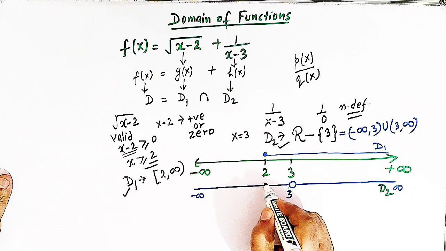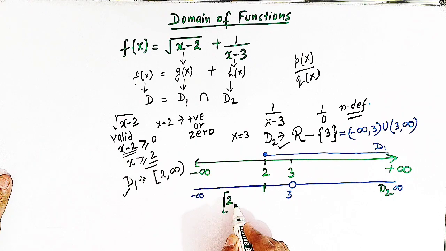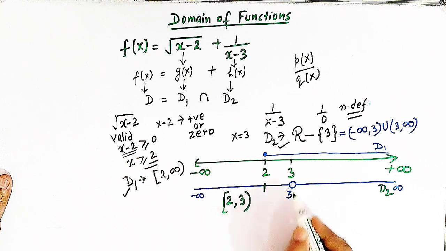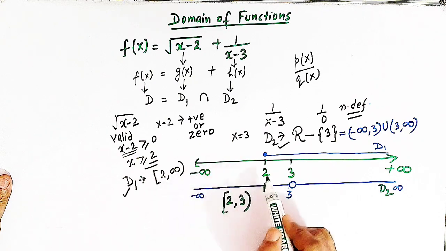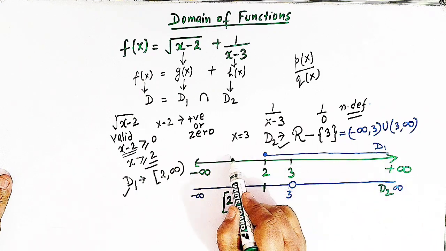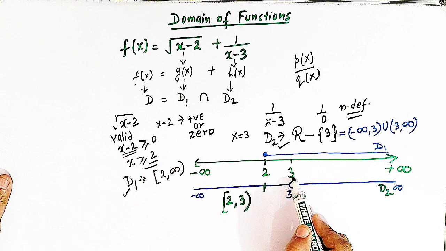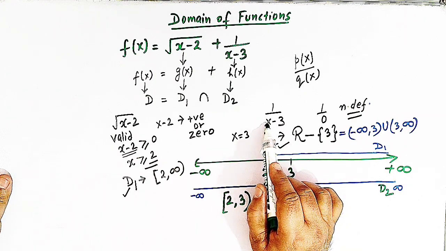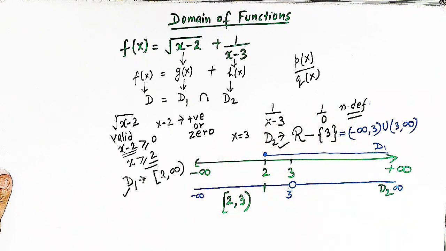First we'll go from this point, that is 2 to 3, right? 2 is included and 3 is not included, right? And this region, that is minus infinity to 2, is not included in D1, right? So we'll leave it, and then we'll take this interval from 2 to 3. 2 is included and 3 is excluded, right? Because here 3 will make x minus 3 equal to 0, and 1 over 0 is not defined, right?